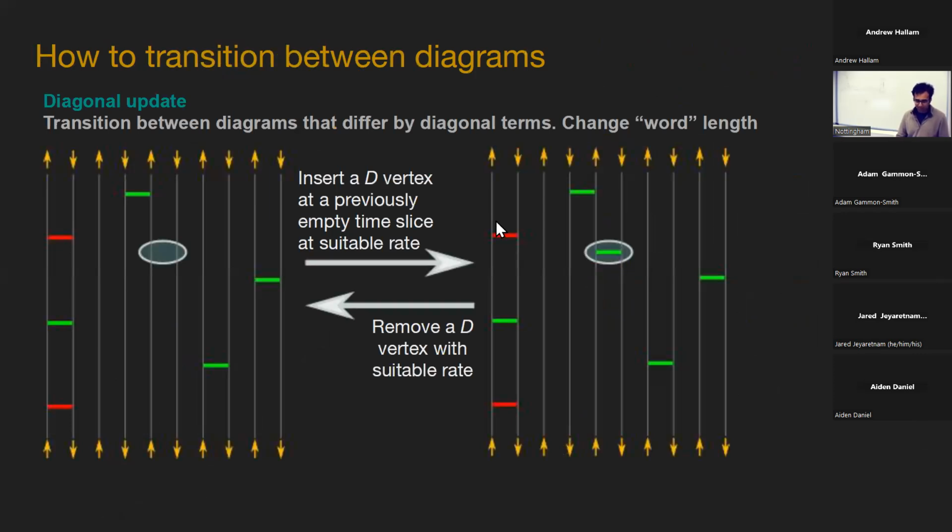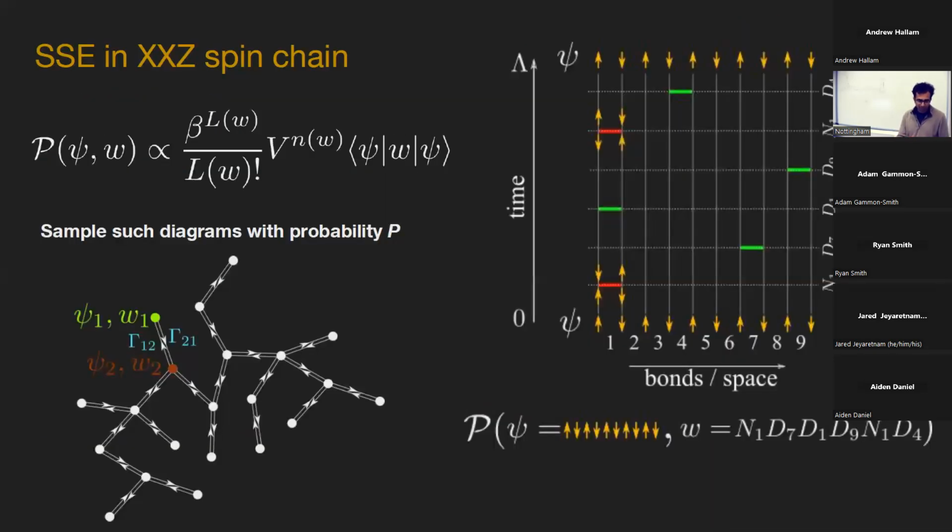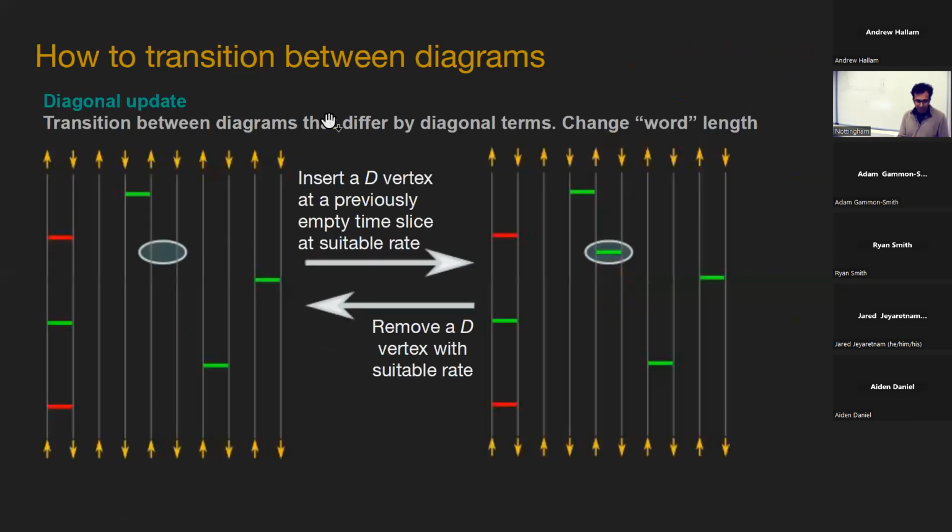Every time I insert such an operator, the value of this Feynman diagram changes, and therefore I need to insert the operator at some previously unoccupied time slice with a rate that satisfies the desired detailed balance condition.